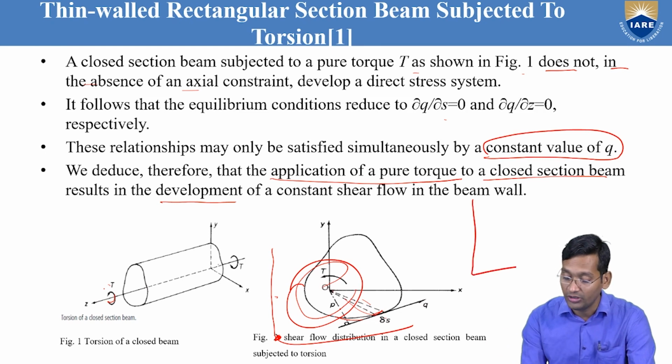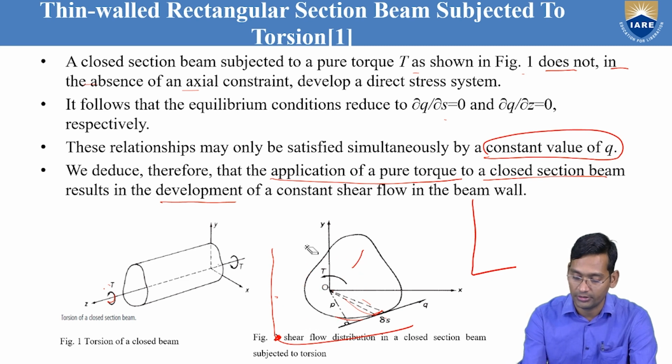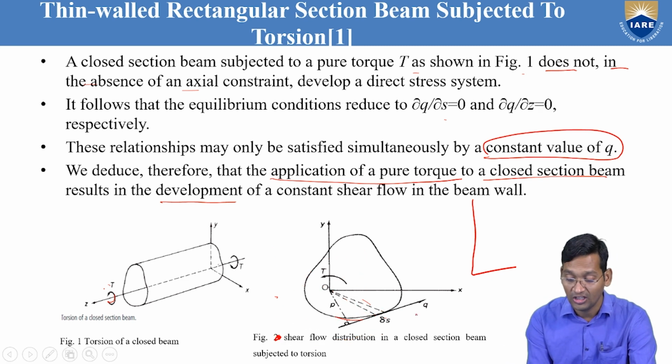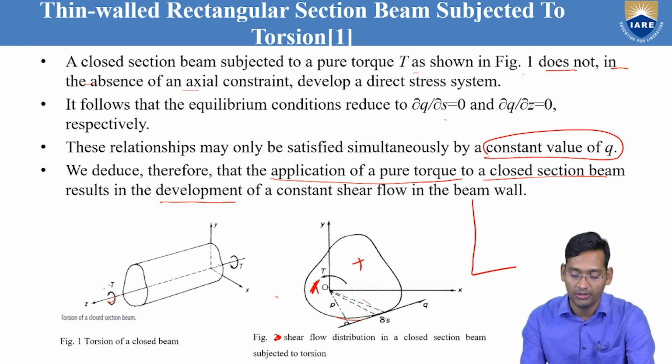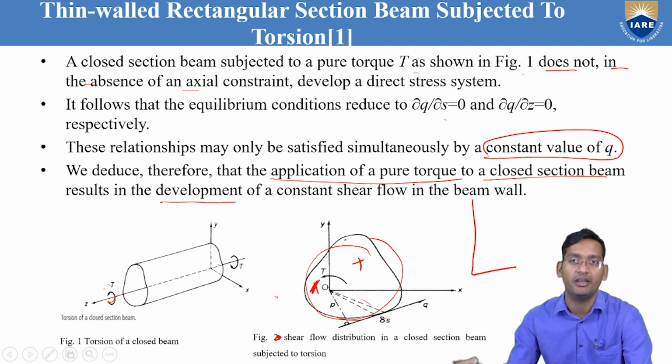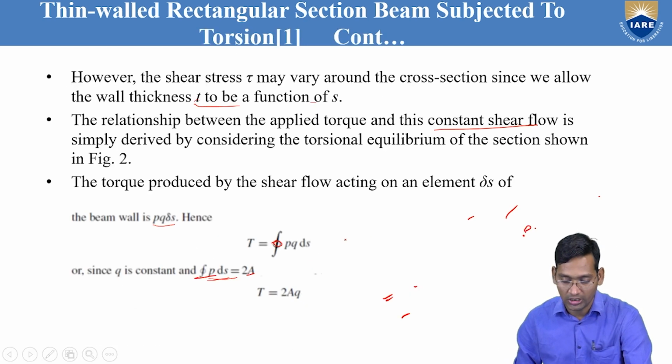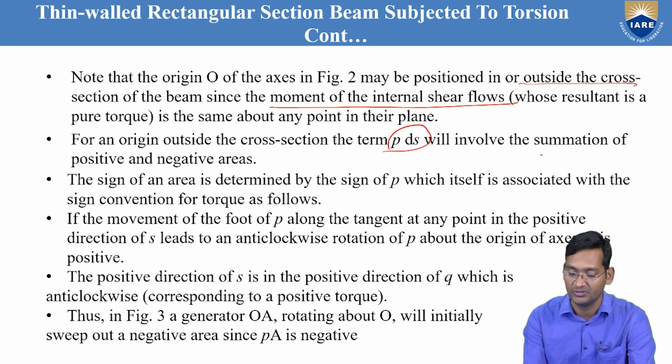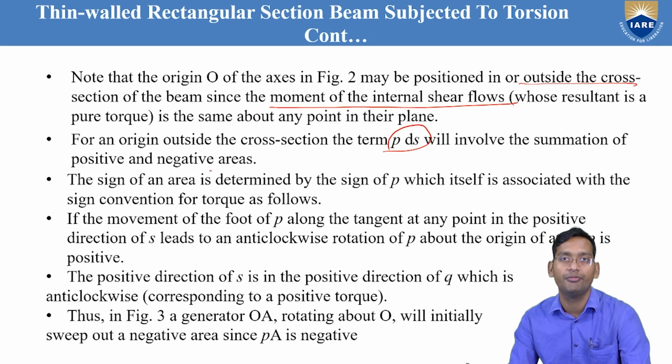But now we are taking just this part, so this part is positive. Along the origin, this part will be positive, this part will be negative, right? So the overall sum of all the positive and negative areas will be the total area only. That is, here, summation of positive and negative areas.